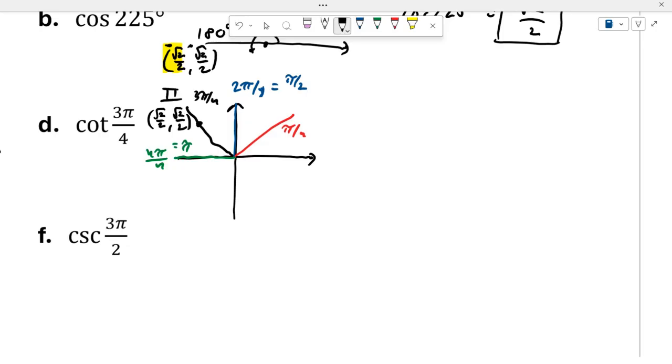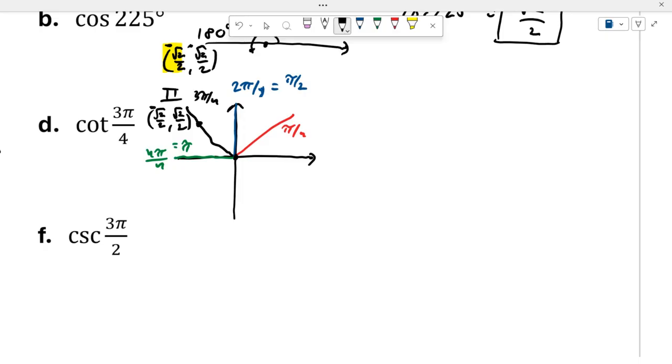Now, to get to quadrant 2 from the origin, you go to the left, so your x-coordinate is negative. But then you go up, which means your y-coordinate is positive. So my coordinates at 3 pi over 4 are negative root 2 over 2, comma, root 2 over 2. And if you check number 14, you'll see that those are, in fact, the coordinates that we found.